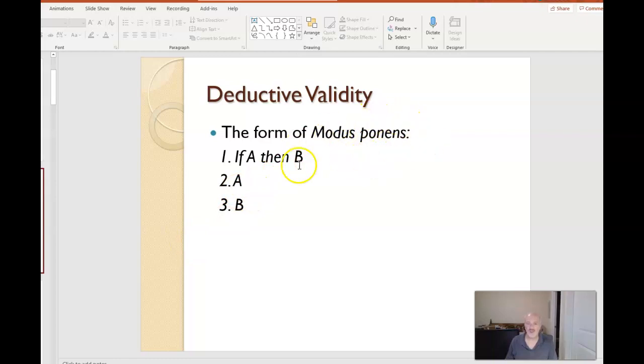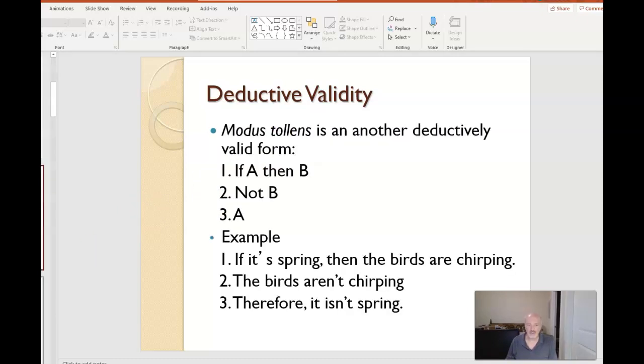The name is modus ponens: if A then B, and we have A, therefore we have B. Keep in mind that this type of logic, which the book doesn't really emphasize that much, is called symbolic logic, but that's a simple word for it. The letters stand for sentences that do have truth values. In other words, they are sentences that are either true or false.